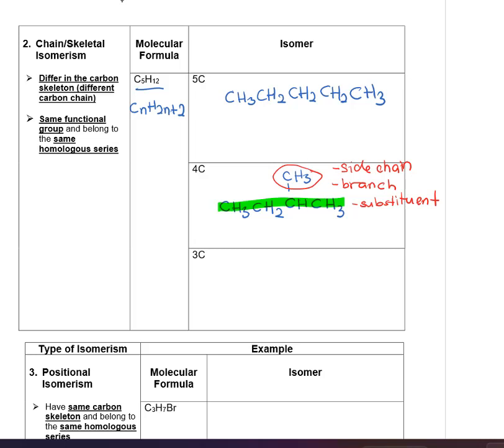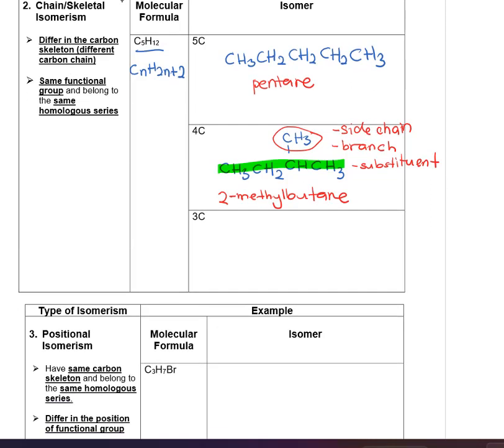So the name for this one is pentane, and the name of this one is 2-methylbutane. Pentane and 2-methylbutane both have the same molecular formula but different structure. Even though they belong to the same homologous series, they have different characteristics.